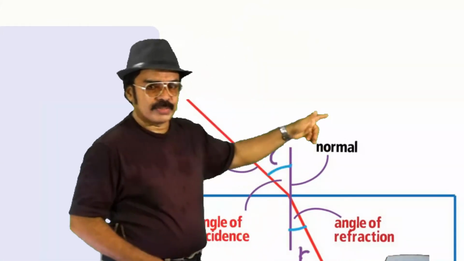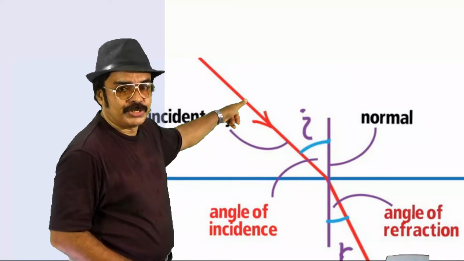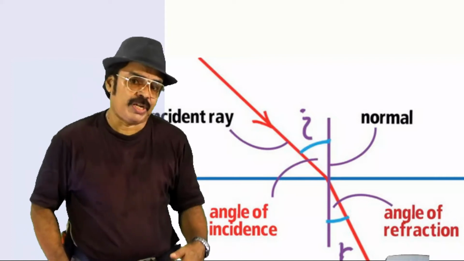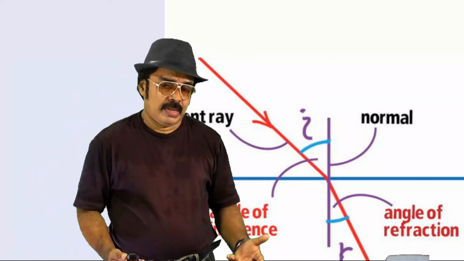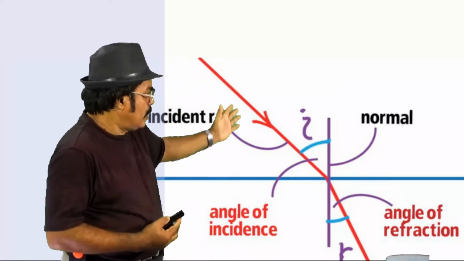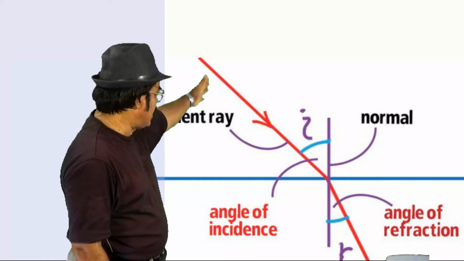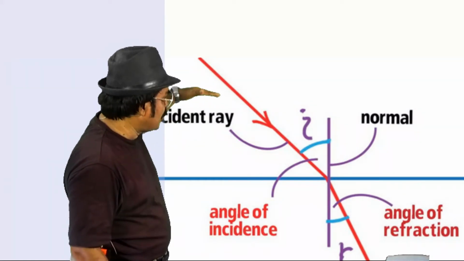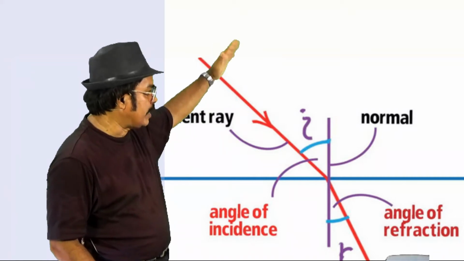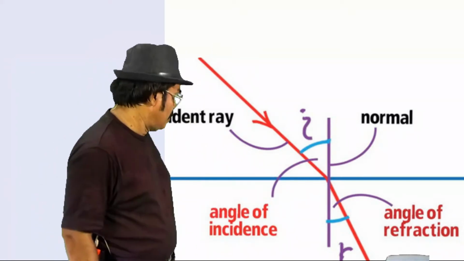I'm going to focus on the point of incidence. The point of incidence is the point at which the light bends when changing the medium. Now here in this example you can see light entering glass from there, and then it bends at the interface, making the angle of incidence and then making the angle of refraction inside glass.